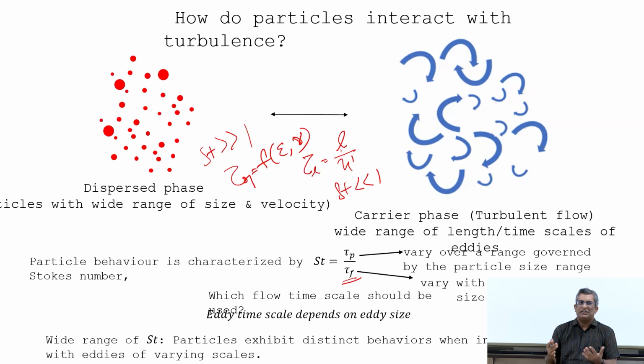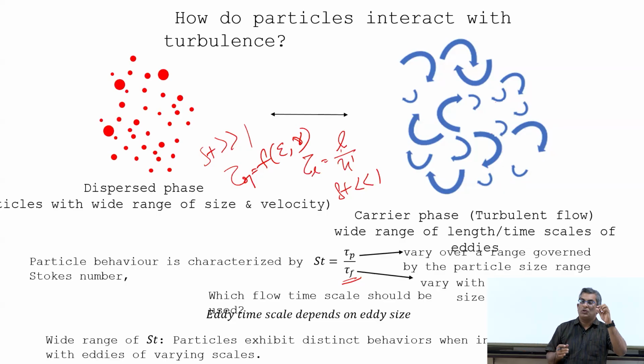It may be possible that all particles are behaving like a flow tracer. When is that possible? If the Stokes number based on the small scale eddy itself is very small, then obviously it will be much smaller when we have large scale eddies. Okay.